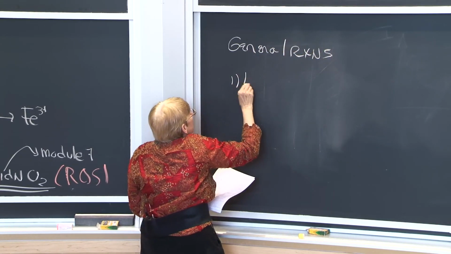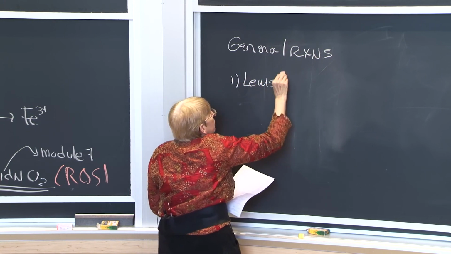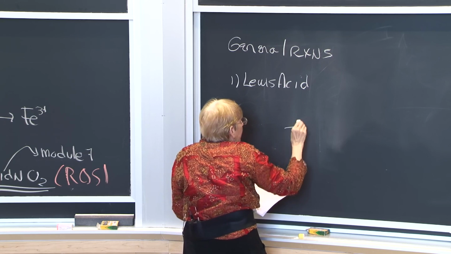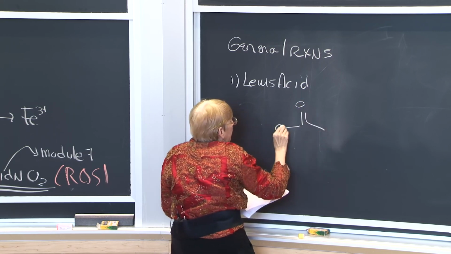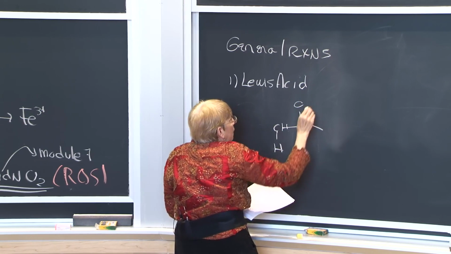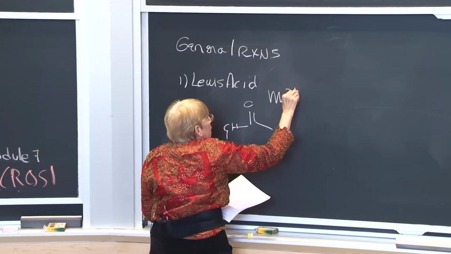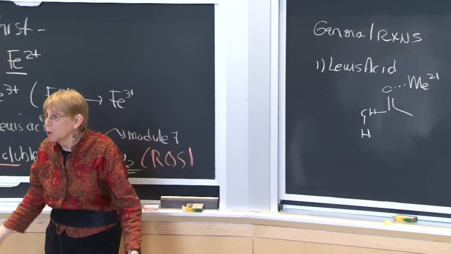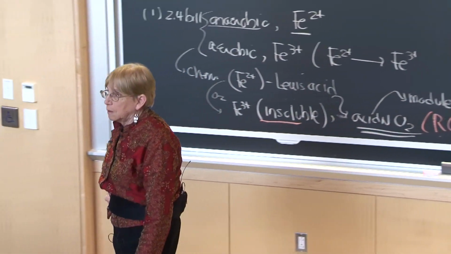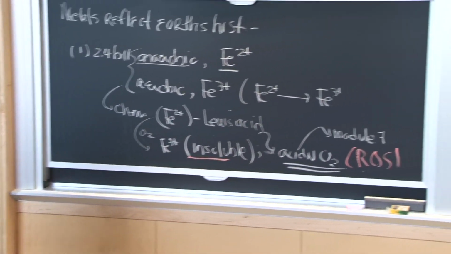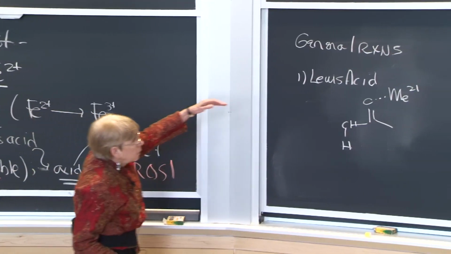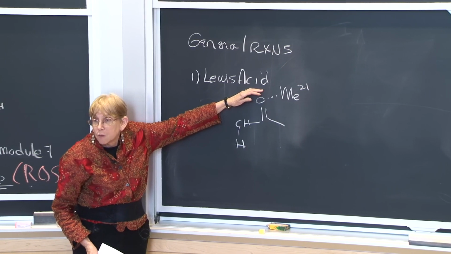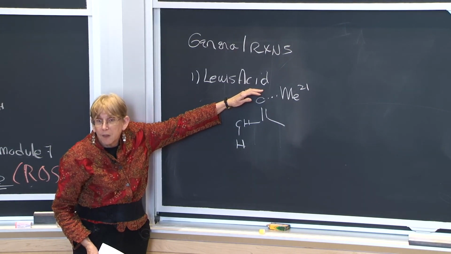One of them is this idea of Lewis acid, or Bronsted acid. You can have a carbonyl, and you can have a metal that can activate the carbonyl for nucleophilic attack. Where have we seen this before? If you go back and look at the glycolysis pathway, lots of times you use zinc to activate the carbonyl.